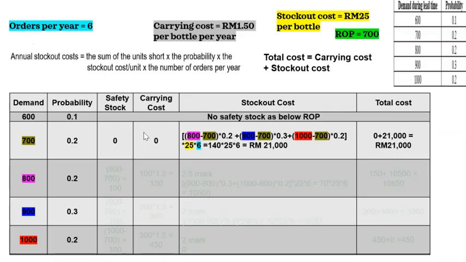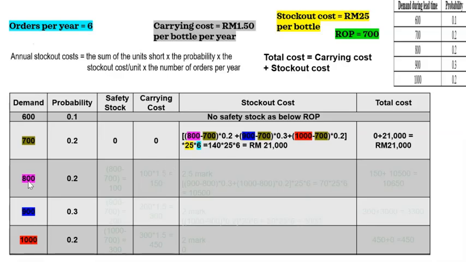So the safety stock is demand 700 minus 700 is 0, and the carrying cost is safety stock times the carrying cost, which is 0 also. Now we have to calculate the stock out cost, in which we are going to calculate for the demand 800, 900, and 1000.